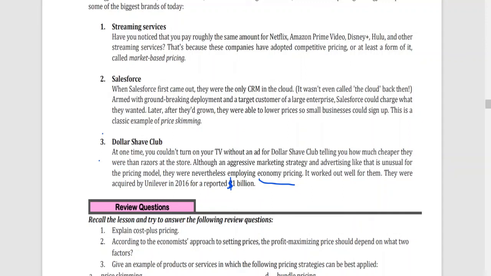Okay, so those are the strategies that could be employed depending on what is suitable to your types of products, type of company, and also your target customer. So you can choose one specific strategy, or you can combine that with other pricing strategies.